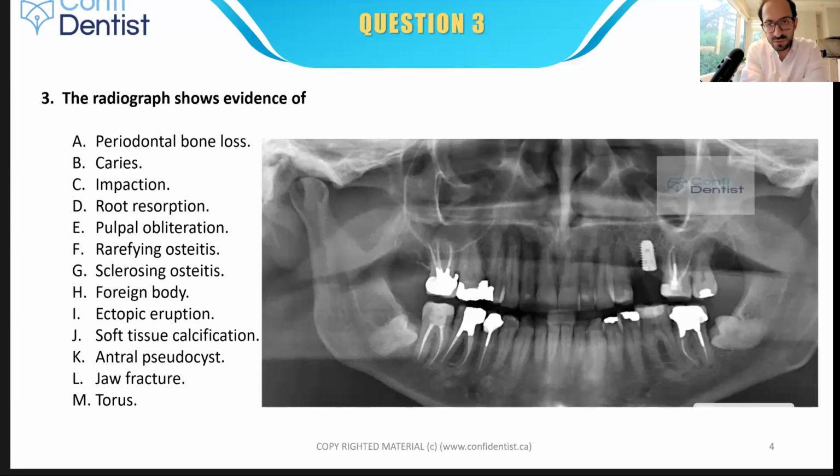So do we have periodontal bone loss? Yes, we do. I see some periodontal bone loss here. And I have other areas with periodontal bone loss, but that's enough for me to select this option. Caries is more like a neutral option here.